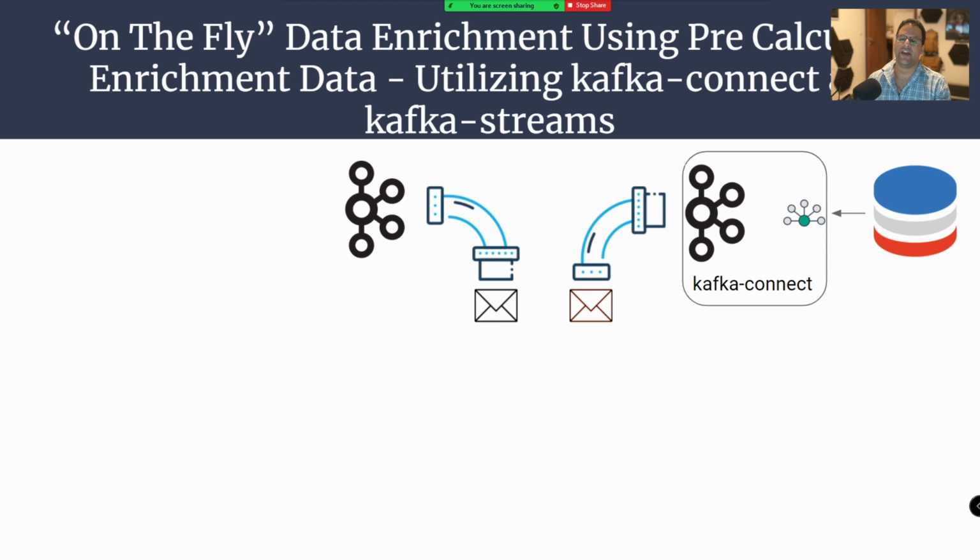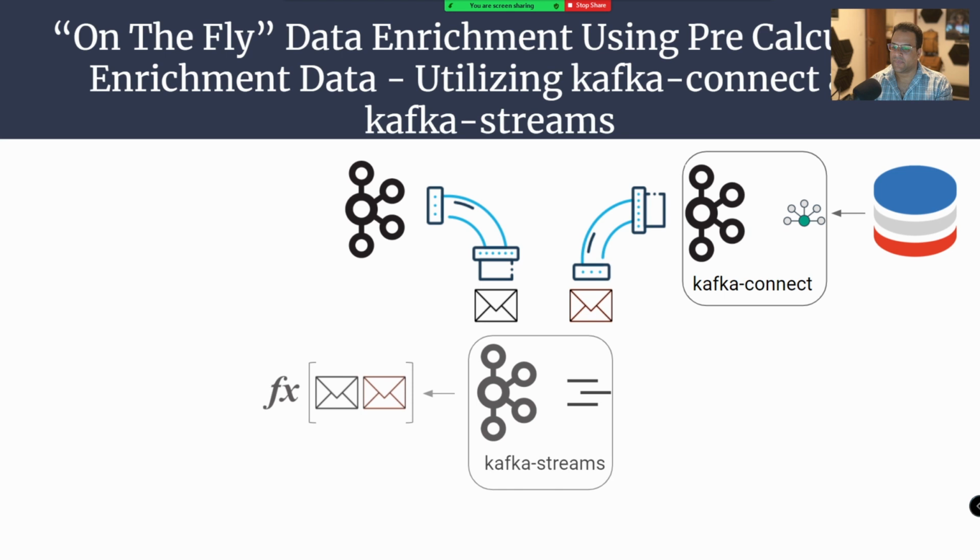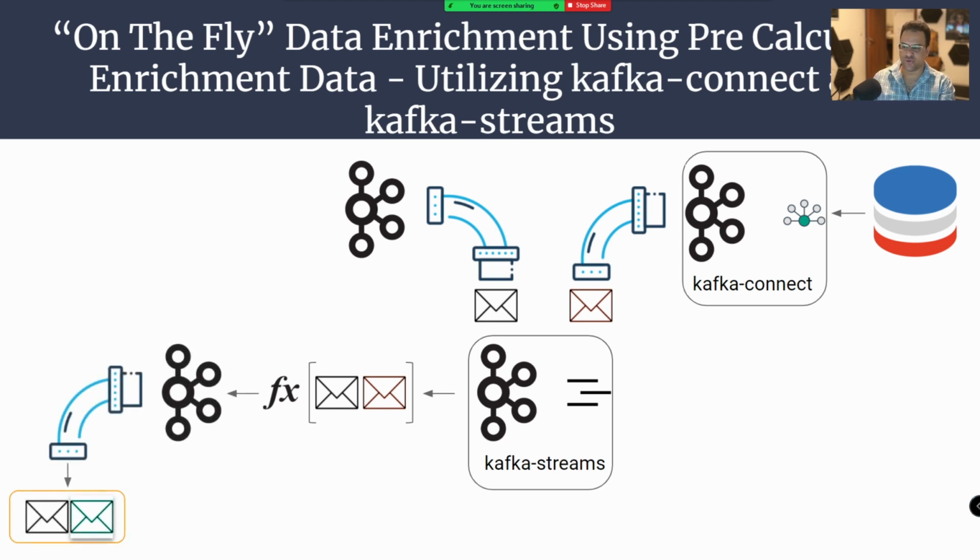We have a message coming from an external data source using Kafka Connect, this is the enrichment data, written into another topic. And we have a Kafka Streams application, which applies an enrichment function on both these messages, and produces an enriched message into a third Kafka topic.